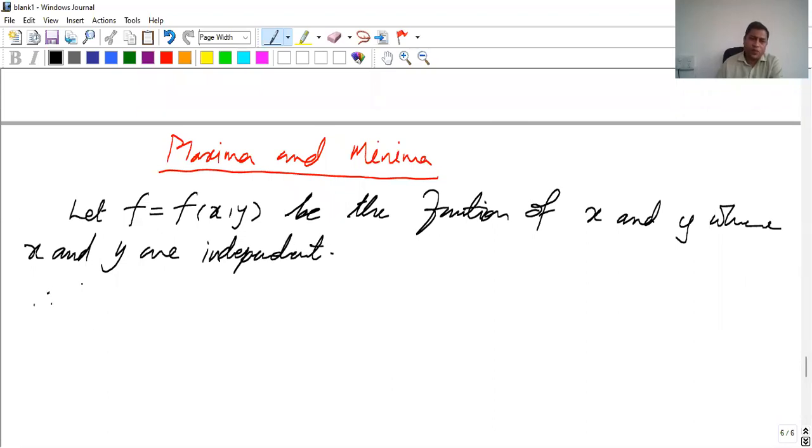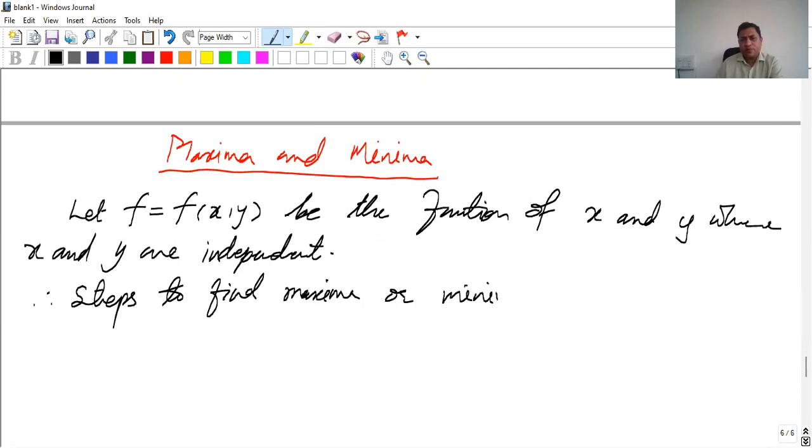Now if we want to find the maxima or minima of this function f, we have to follow these steps.